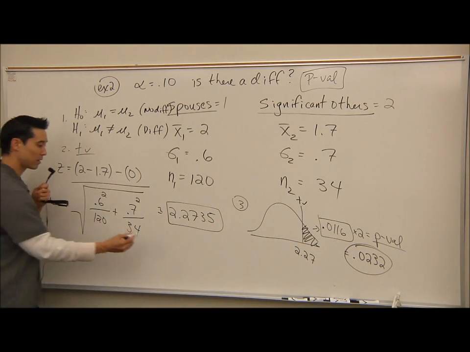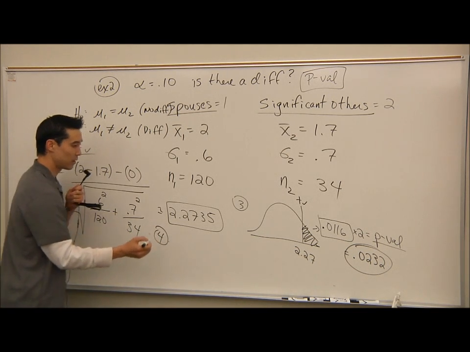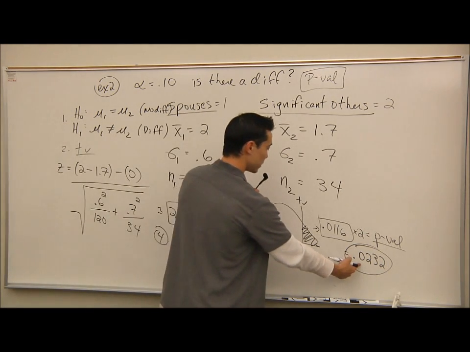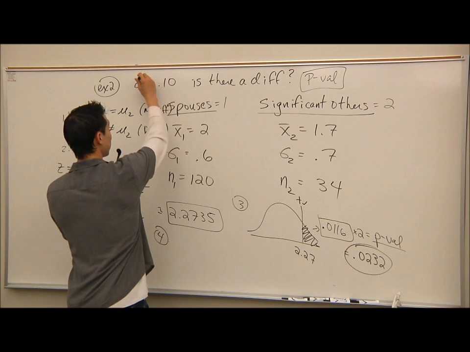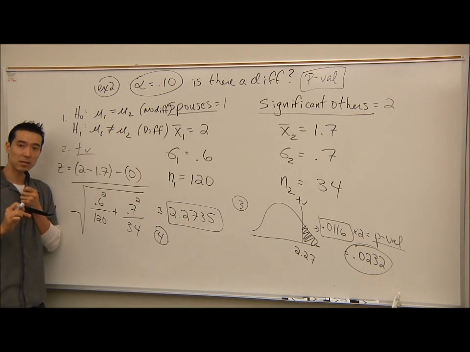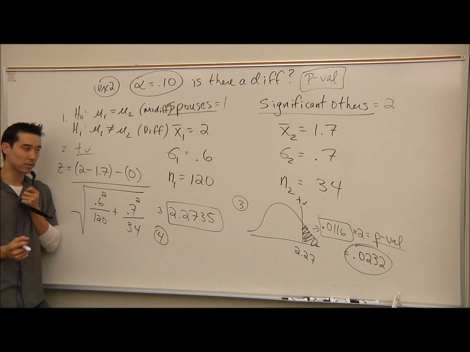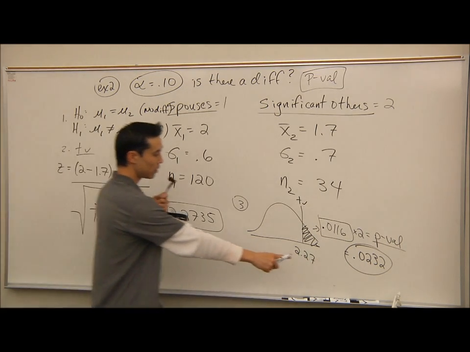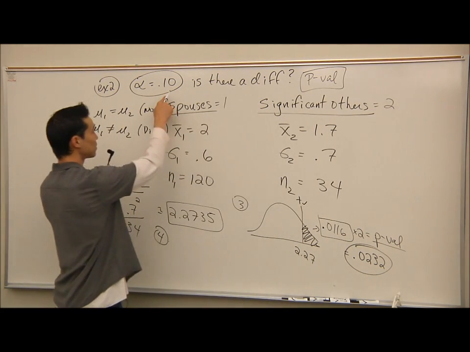Okay, step 4. This is my p-value, 0.0232. This is alpha, 0.10. If my p-value is less than or equal to alpha, I reject H0, right? If the p-value is small, we reject the null hypothesis. Is this 0.02 something smaller than 0.1 something?